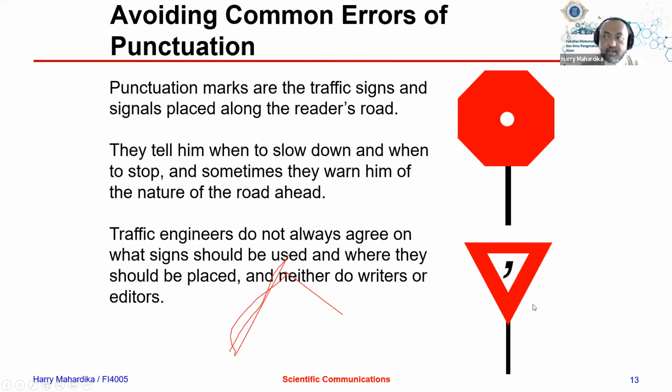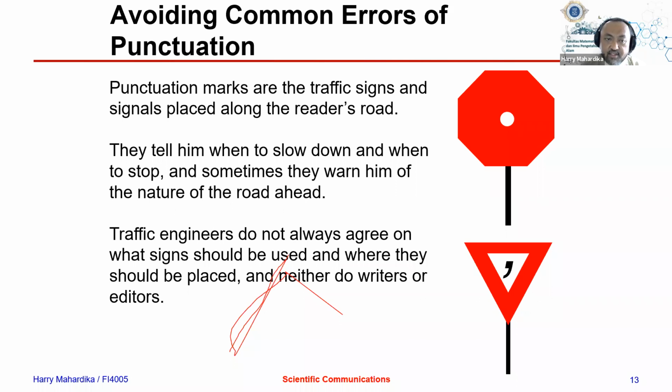So we need to make our pronouns clear, that is, pointing to a certain subject. The objective is basically to make the reader or the audience that looks at your presentation clear from mistakes. Okay, avoiding common errors of punctuation.